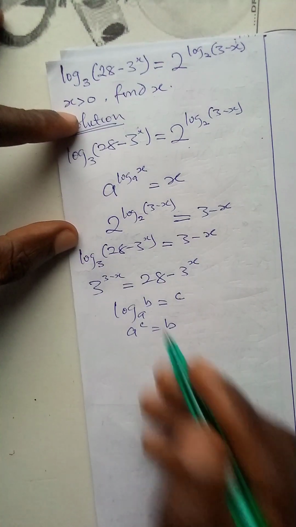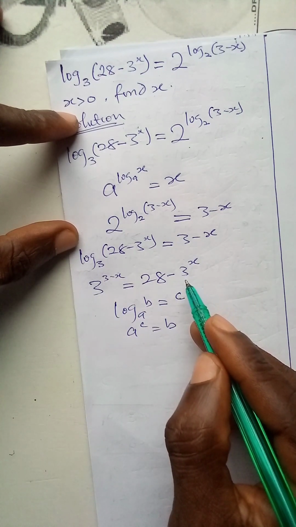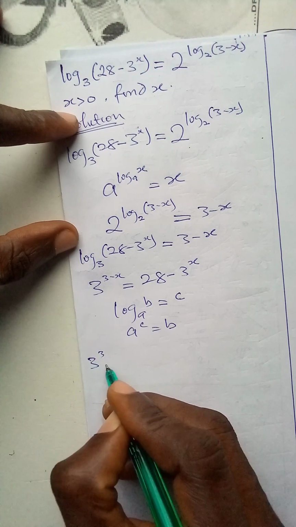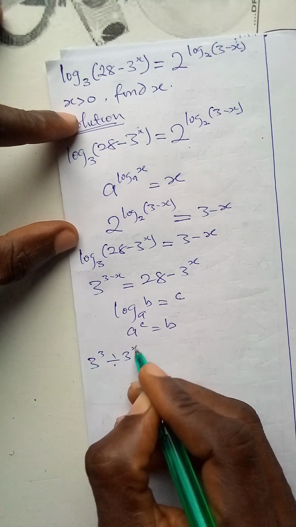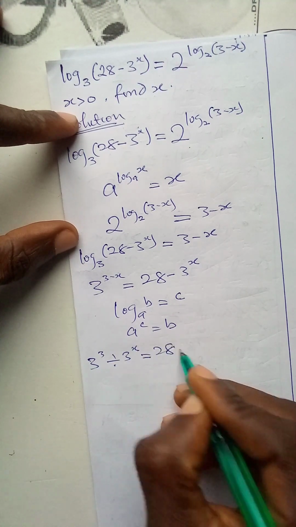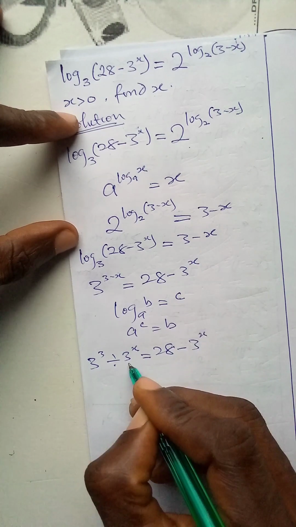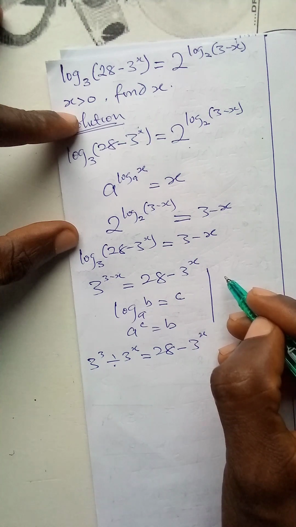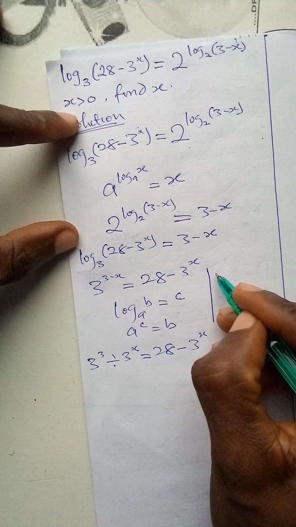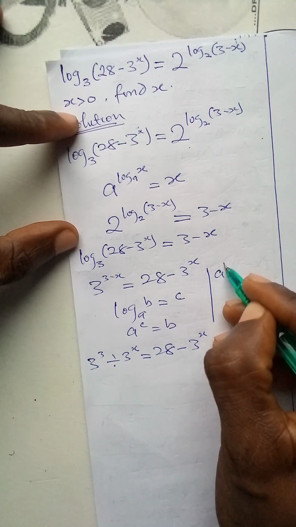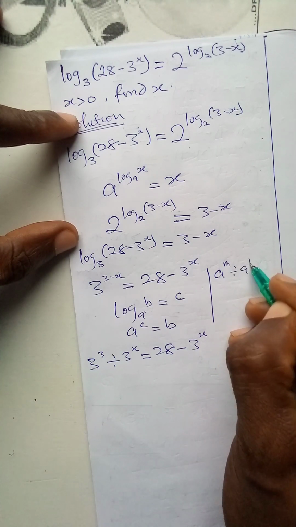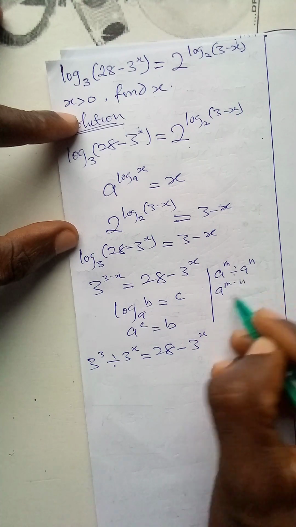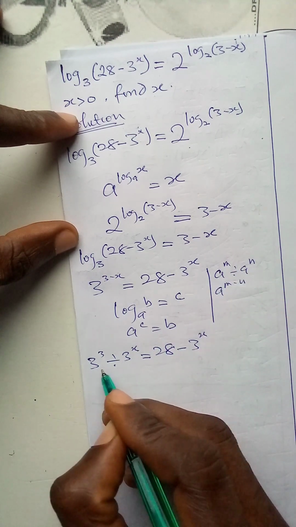Now, I have an exponential equation. So 3 to power 3 divided by 3 to power x is 28 minus 3 to power x. Let's remember that in the subtraction law of indices, if I have a to power m dividing a to power n, I will have the result as a to power (m minus n). So this law is what I applied here.